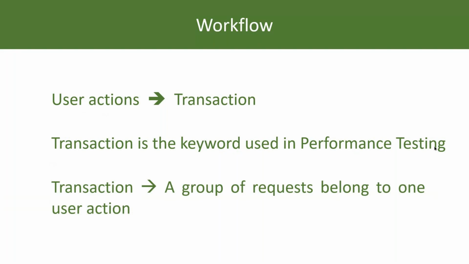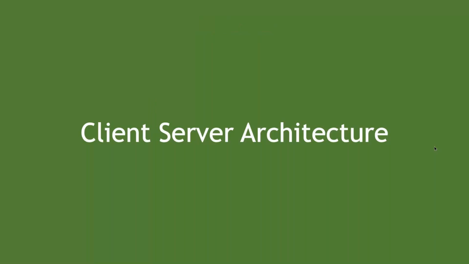A transaction is a group of requests that belongs to one particular user action. Under a transaction, it can have multiple pages. Under pages, it can have multiple individual requests. This also we have seen in the previous session.